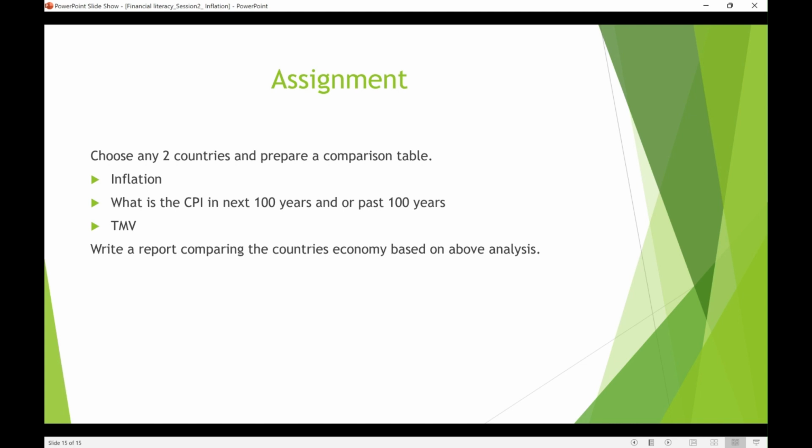It's a good exercise: pick any two countries, see what the inflation rates are, and prepare a comparative table. Take the CPI and put in the inflation as I did, and also look at the time value for your own country in any currency. So this is a good exercise, people.